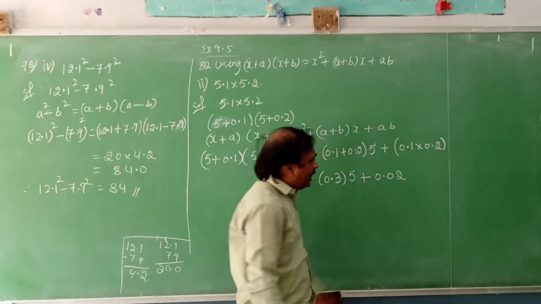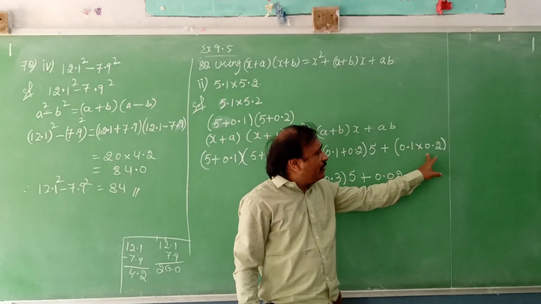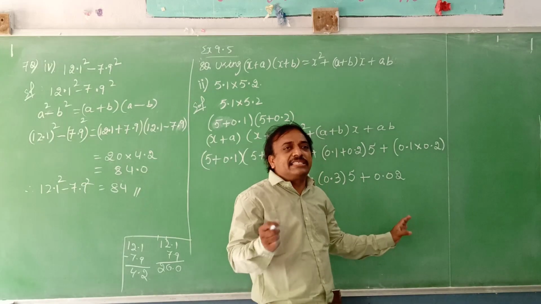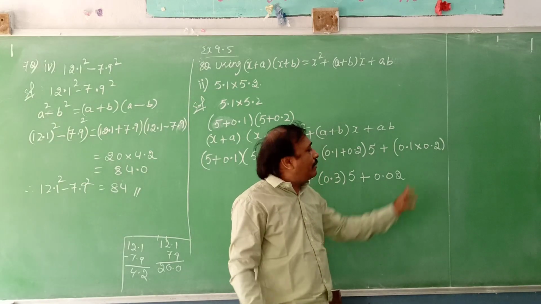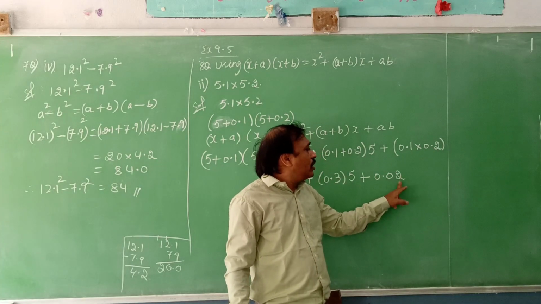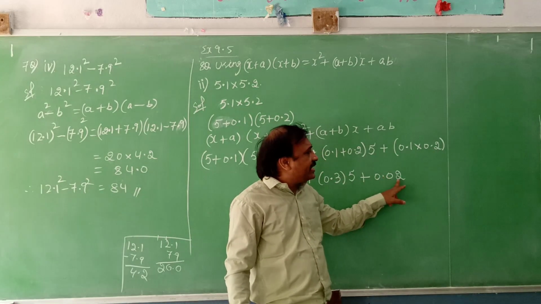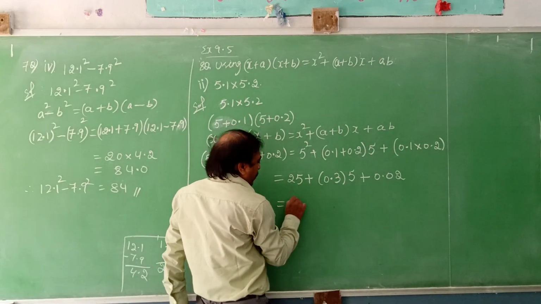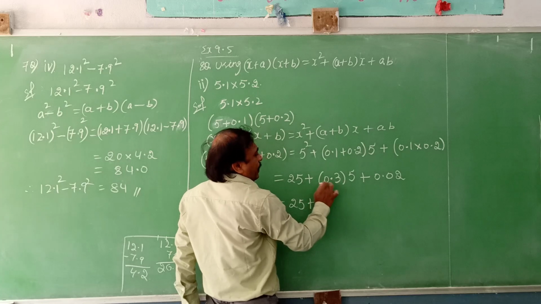You know how to multiply 0.1 into 0.2, normal multiplication. Then in the answer, from the right side count the number of digits in the decimal places. Here 1 and here 1, total 2, so 0.02. Next, 25 plus 0.3 into 5.